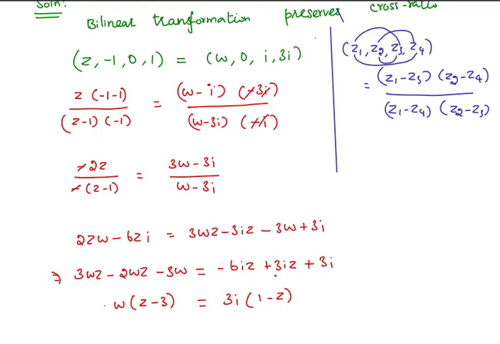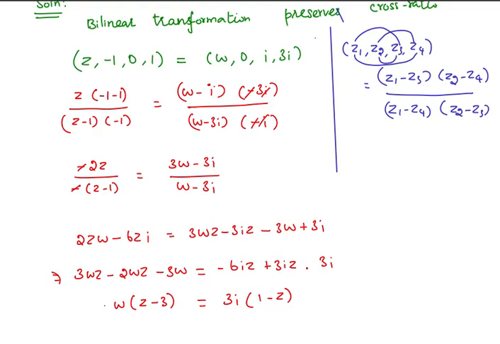So clearly I made a mistake somewhere. So 2zw minus 6zi equals 3wz, 3iz minus 3w plus 3i. So it's automatically w(z minus 3) equals, this is 3iz. Yes, here only the minus term will come, correct? Because I will move it to this side.